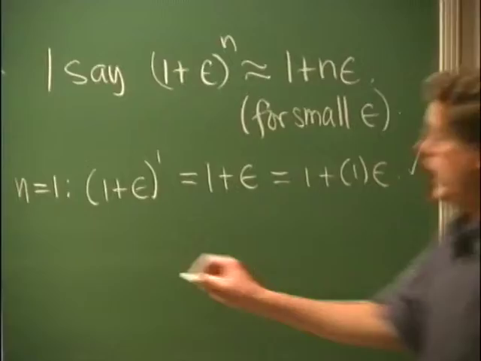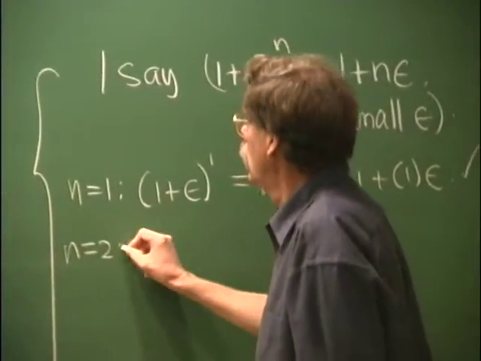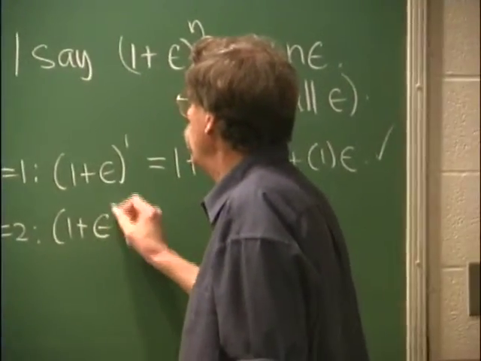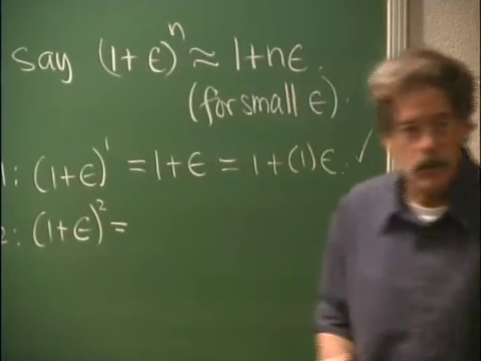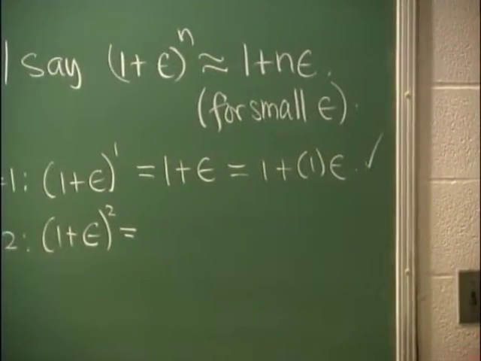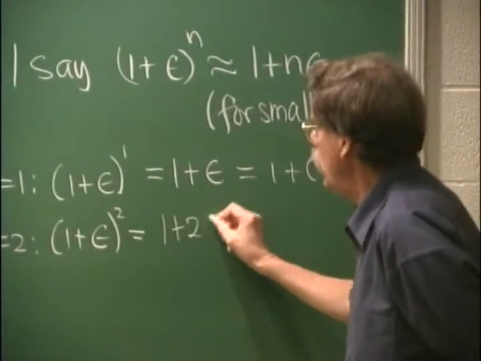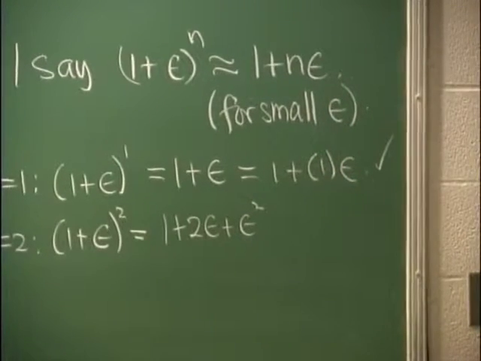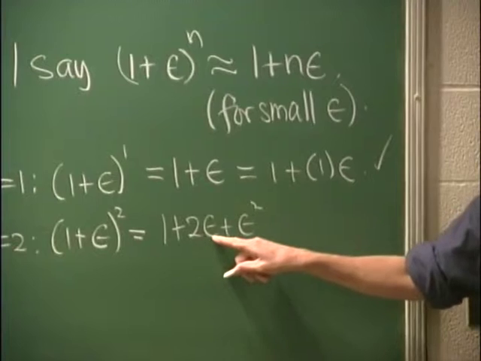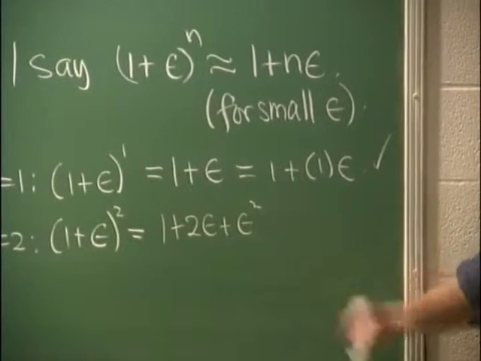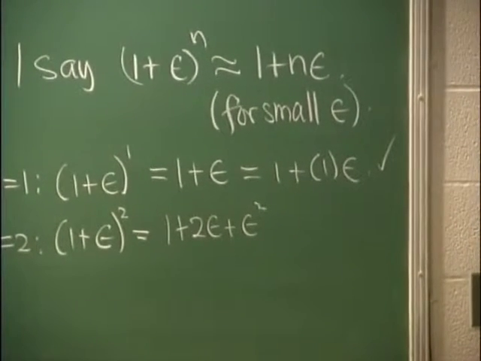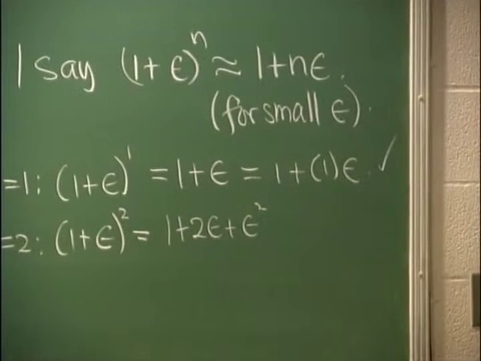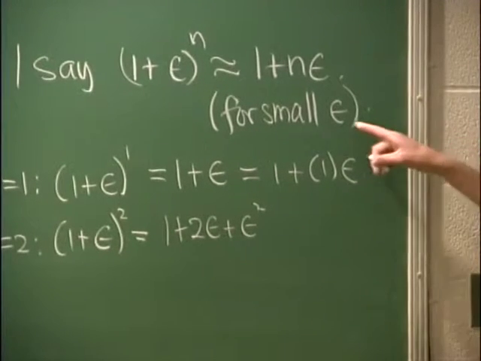How about n equals 2? 1 plus epsilon squared. What would that be? If I squared that out, it's 1 plus 2 epsilon plus epsilon squared. Here is the 1 plus n epsilon, but there's some extra junk. However, the extra junk is very small by assumption, because I say epsilon is small.